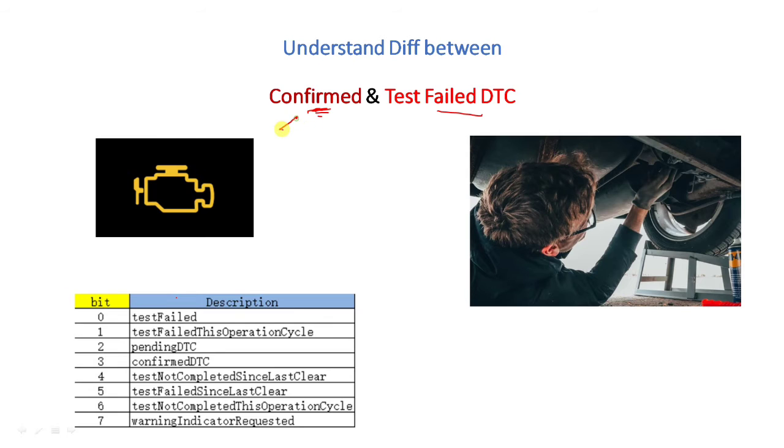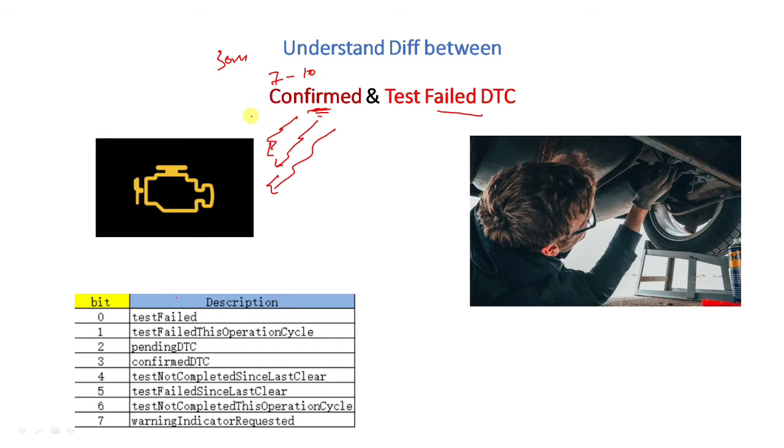That means there is some issue with your car, or with the ECU, the software, the hardware, but it is not required to take immediate action. Maybe you can go after some 30 miles of driving, or tentatively after 7 or 10 days, but you have to visit. It's not immediately right now.